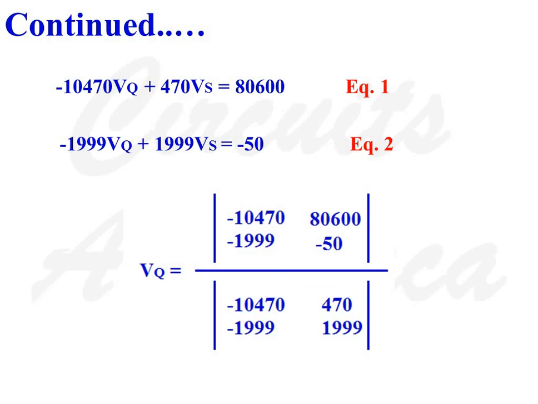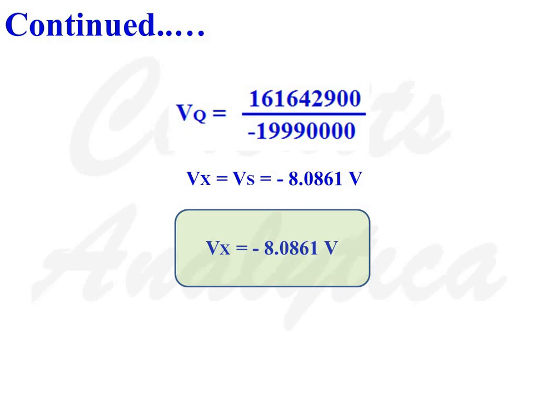Therefore, we can write VQ is equal to determinant of minus 10,470, 80,600, minus 1999, minus 50, divided by determinant of minus 10,470, 470, minus 1999, 1999. So we will get VQ is equal to minus 8.0861 volt.